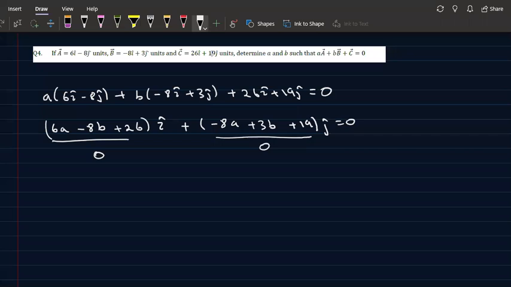It means both x component and y component should be zero. Sum of two vectors is zero, right? It's not the product of vectors, Prahlad. Don't mix the topics. It is just one vector. So if the vector is zero, both x component and y component should be zero. So we will get 6a minus 8b plus 26 equal to 0, as well as 3b minus 8a plus 19 equal to 0.